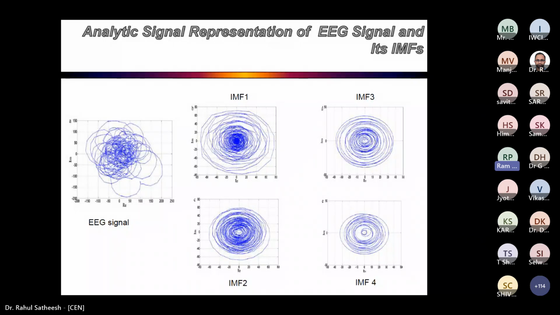We defined the area parameter due to this nice circular symmetry available in this representation, and there is a unique center. In the Hilbert analytic signal representation of the EEG signal, there is no unique center. Here there is a unique center, and the direction of rotation is also clear. That motivated us to define the area parameter to measure the epilepsy disease attack. Next slide, please.